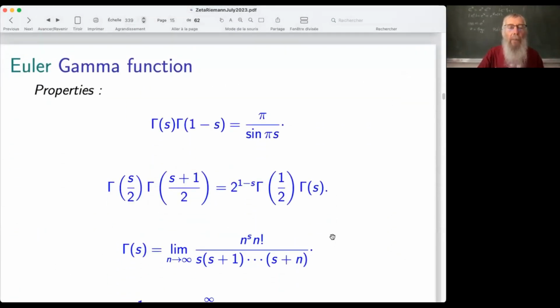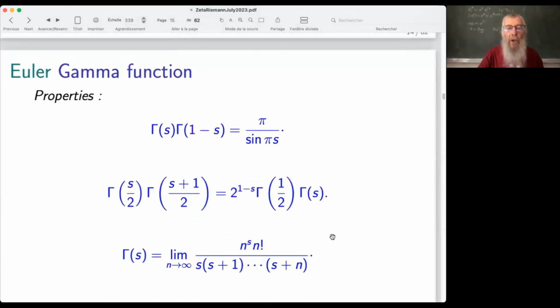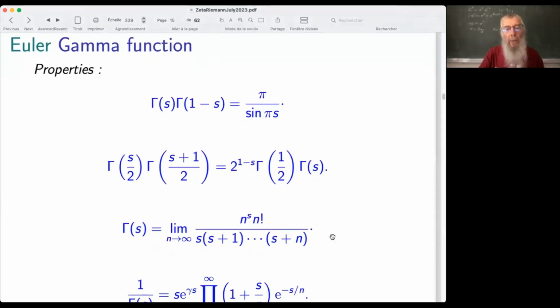There are other properties of the Euler gamma function which are well known and which I just resume here. I will finally not give proofs, but there is the formula which gives gamma of s times gamma of 1 minus s equals pi over sine of pi s. And I can just say one way to prove that is to compare the zeros and poles of both sides.